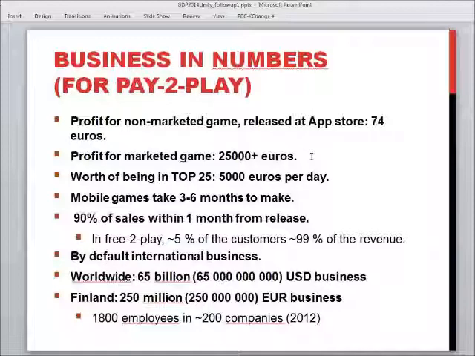If it's a free-to-play game, you have to understand that only 5% of your customers ever pay any money for your product. So for one customer who buys your in-app purchases or diamonds or whatever, there are 19 players who play your game, actively even, but still never give you any money.